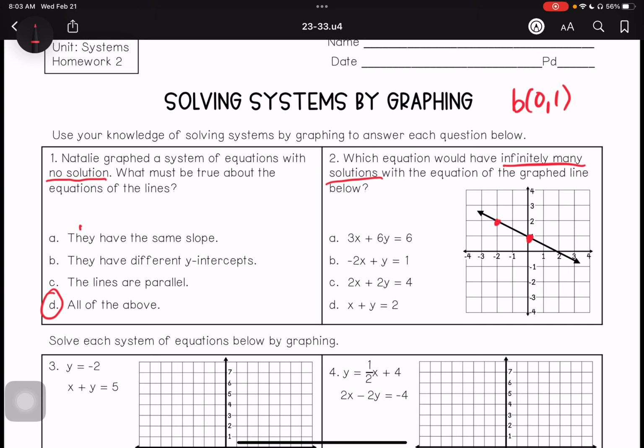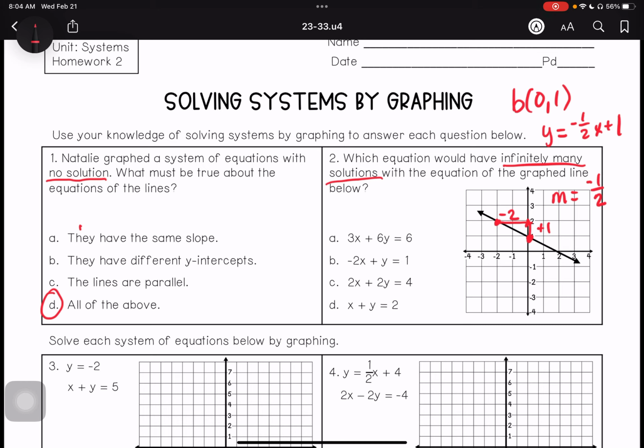My slope is a rise of 1 and a run of -2, so my slope is -1/2. So my equation is y equals mx plus b. I need another equation that is y equals -1/2 x plus 1.